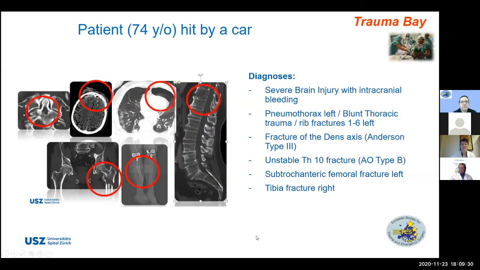So here is the summary of the diagnosis: severe brain injury, intracranial bleeding, pneumothorax. There are some fractures of the rib, although the first survey appeared to support the idea that the rib cage was stable. Then an Anderson type 3 fracture, an unstable T10 fracture, a subtrochanteric femur fracture, and a tibial fracture on the right.